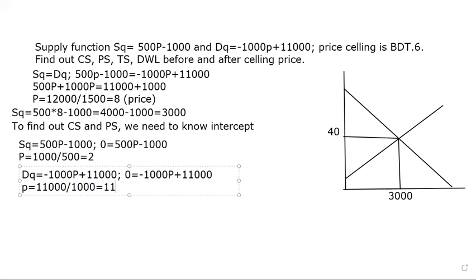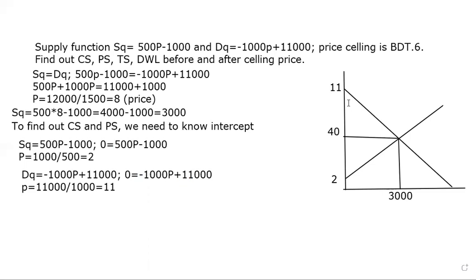So the demand intercept is 11, and the supply intercept is 2. That means your cost is 2 taka at minimum, and you are willing to pay up to 11 taka.